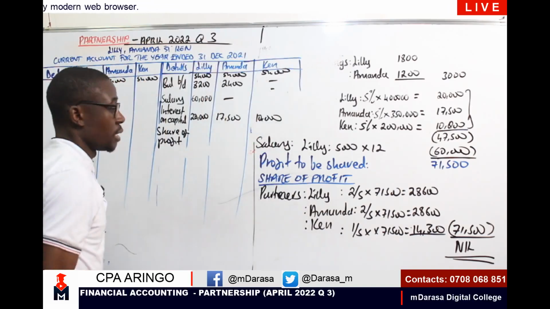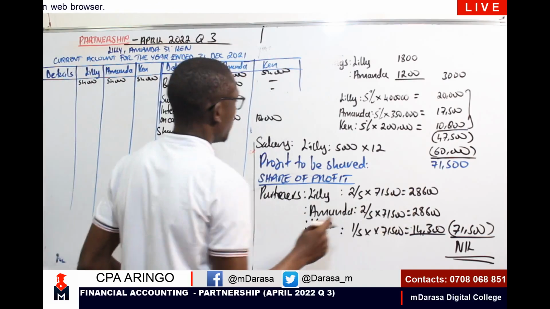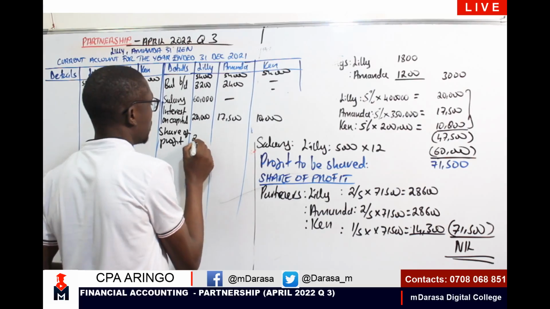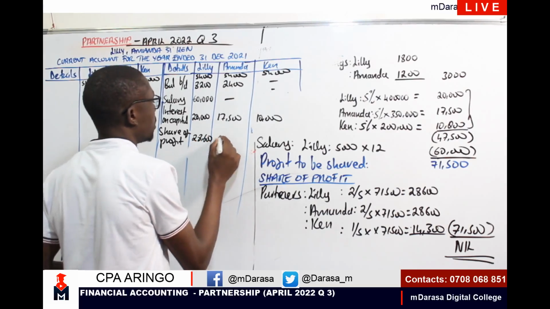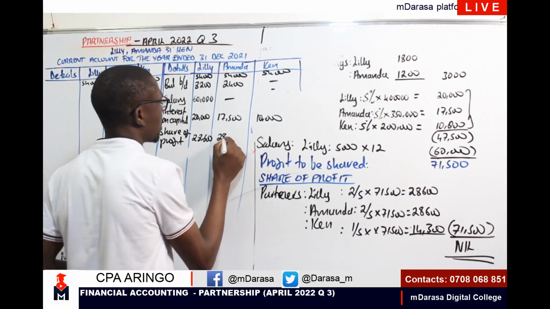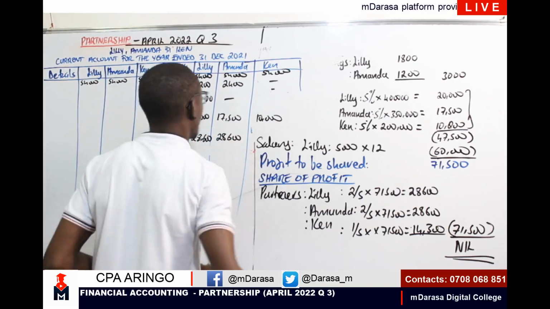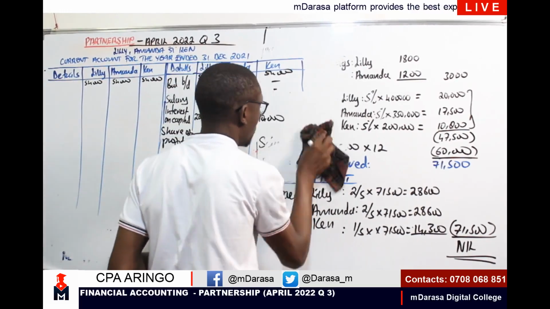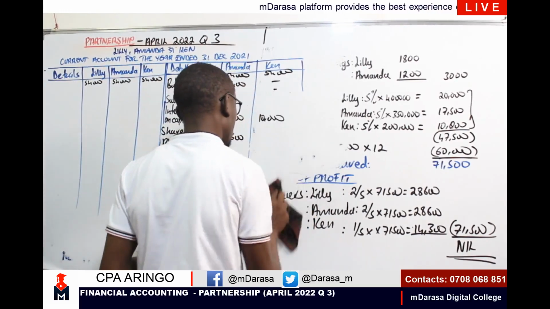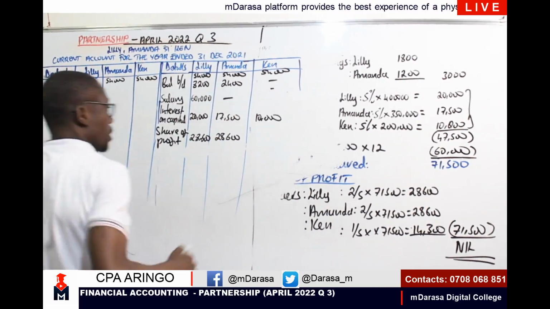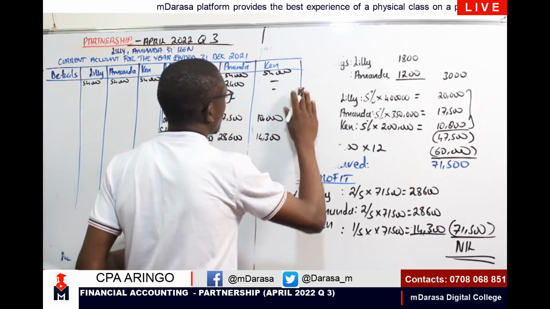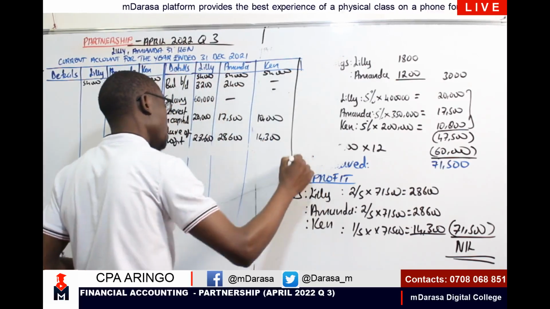So share of profit, I'll be taking the figures that we have determined here. For Lily, I'm having 28,600, and for Ken, 14,300.